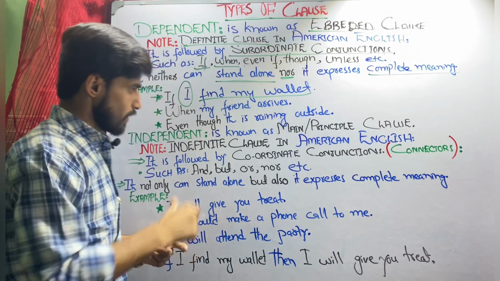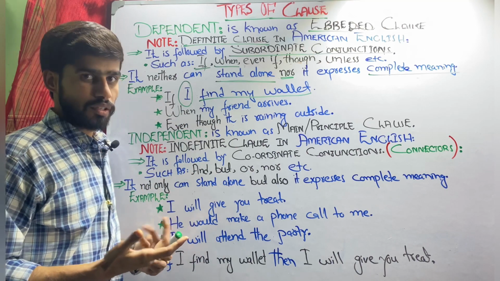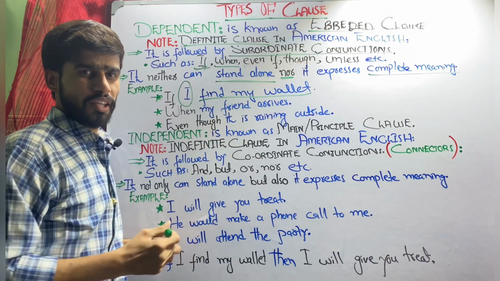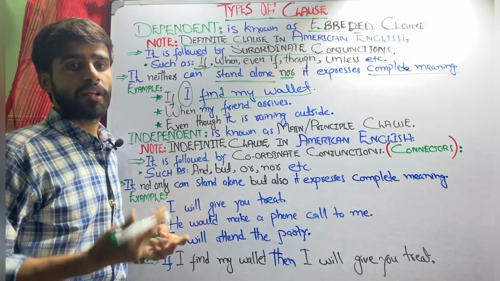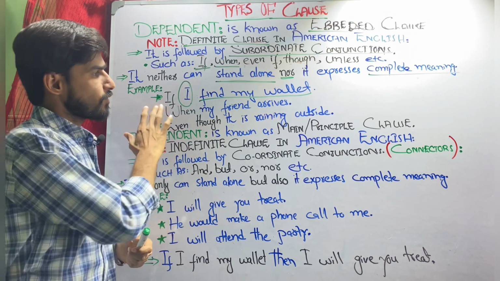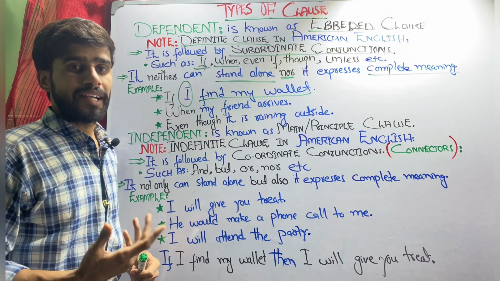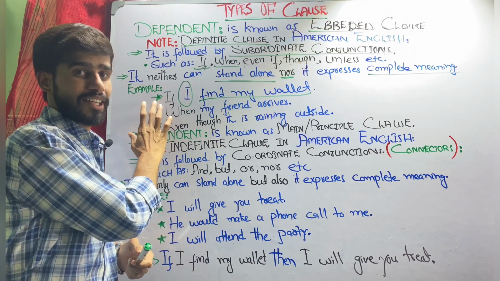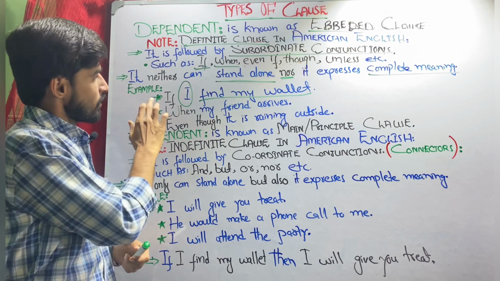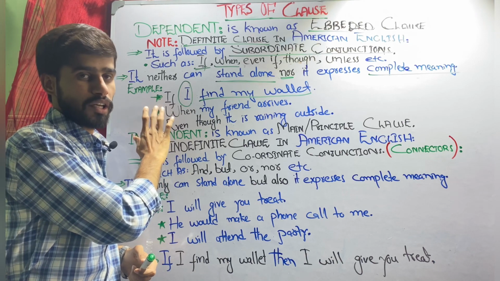Let's read it: "If I find my wallet", then what happened? Here it is giving a meaning, but not a particular meaning. This clause cannot stand alone, and it has no particular meaning, so that's why it is called a dependent clause.